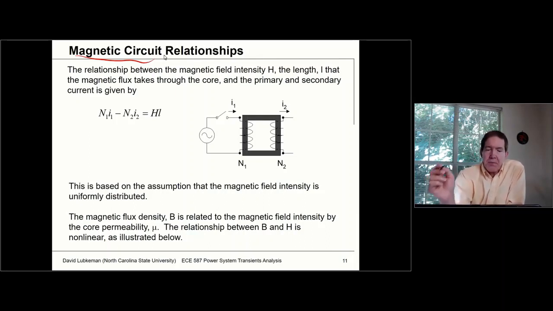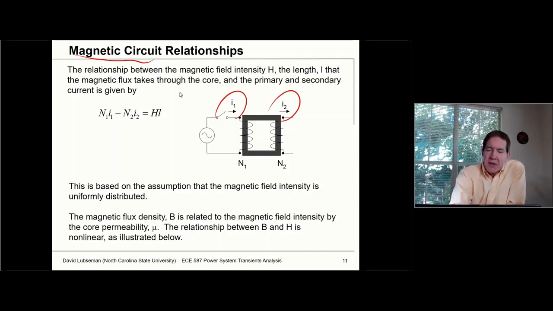One basic relationship, for the direction of the currents I have shown right here, is that N1, the number of turns, times I1 minus N2 times I2 is equal to H times L for a non-ideal transformer.